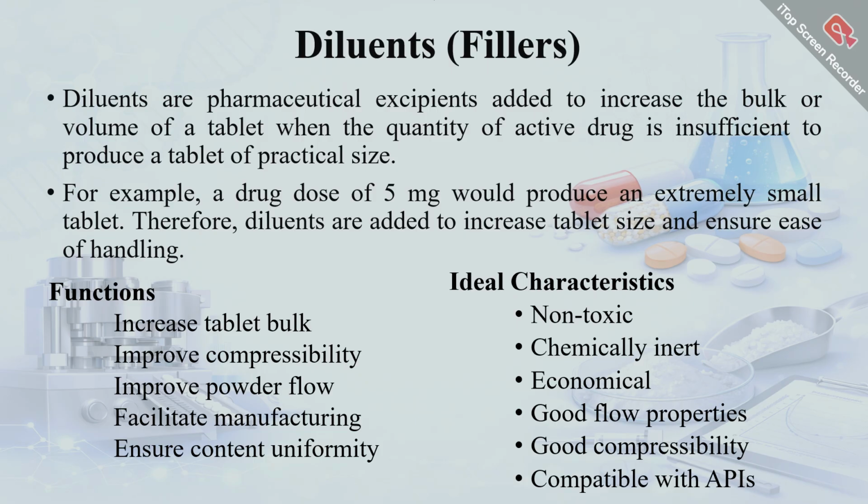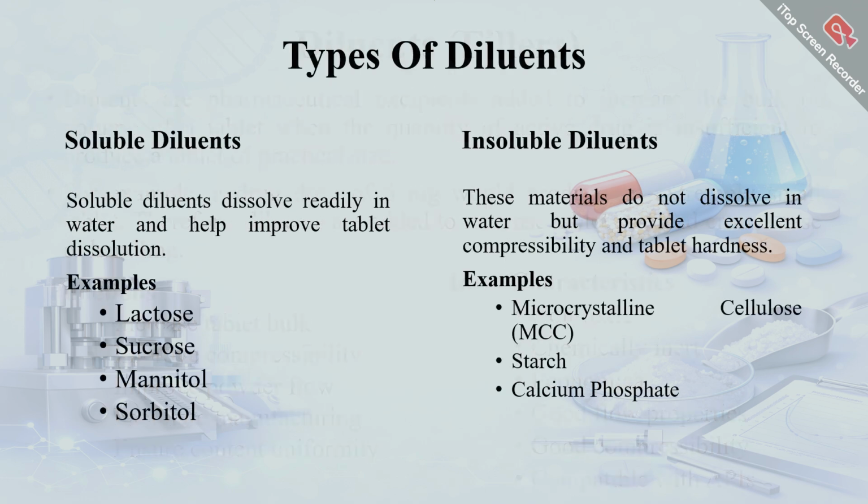Ideal characteristics of diluents: it should be non-toxic, it should not cause any toxic effects, and it should be chemically inert. It should not react with other excipients, otherwise it will be dangerous. And also, it should be economically feasible, with good flow properties, good compressibility, and compatible with APIs.